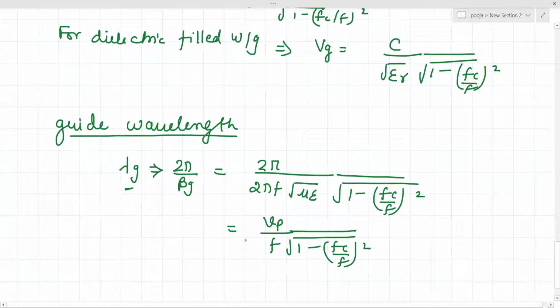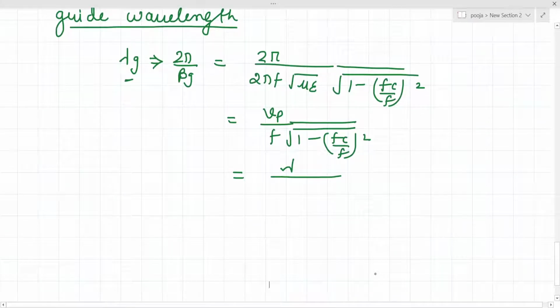Vp by f is the lambda of the impressed frequency, or the frequency which is being propagated within the waveguide. So it is equal to lambda divided by under root 1 minus (fc by f) whole square.